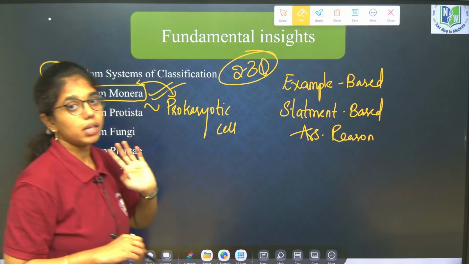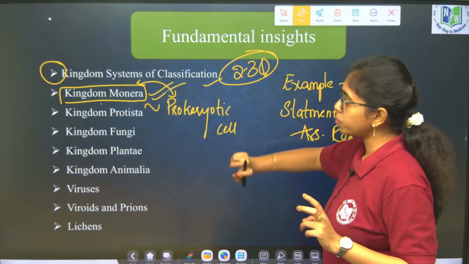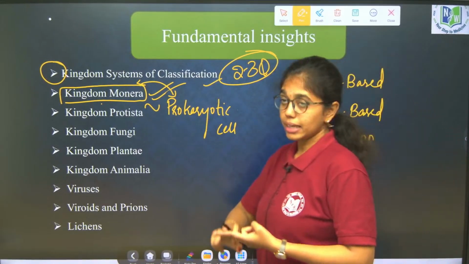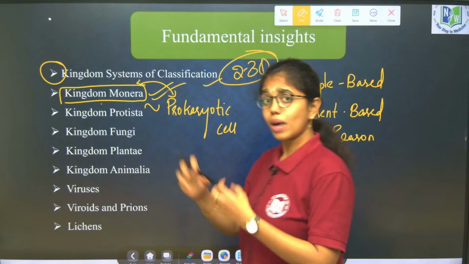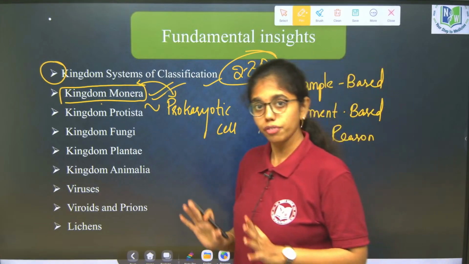So today we will discuss kingdom systems of classification and kingdom Monera, and you have to revise Monera along with the prokaryotic cell of the chapter cell, the unit of life.